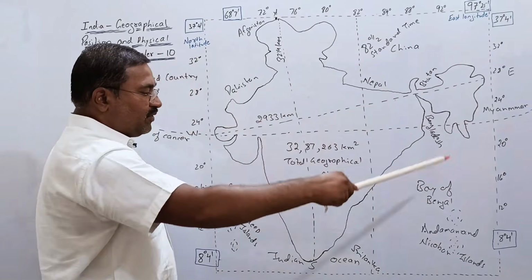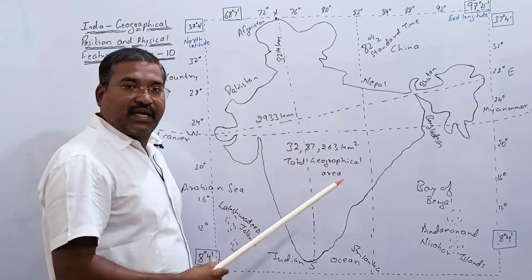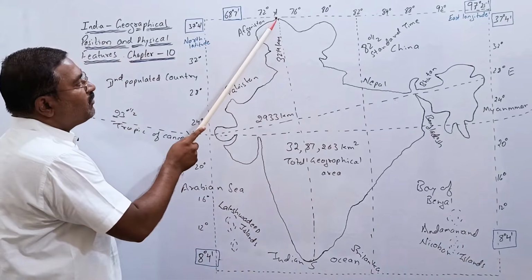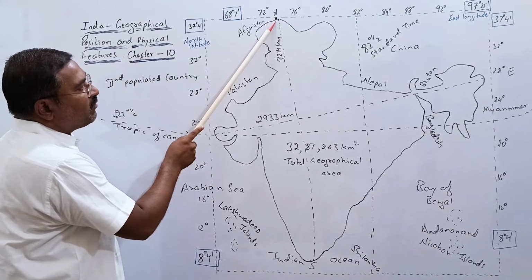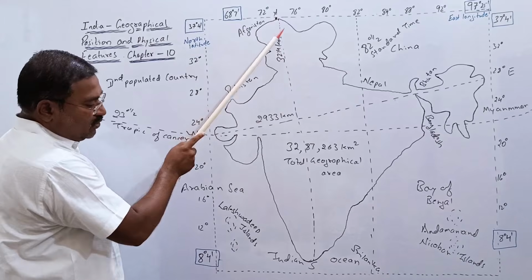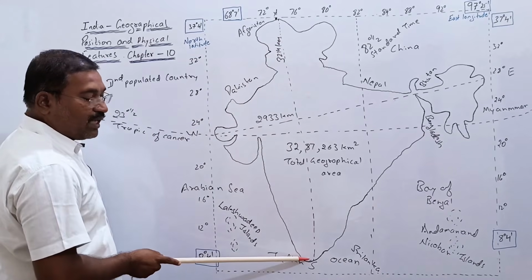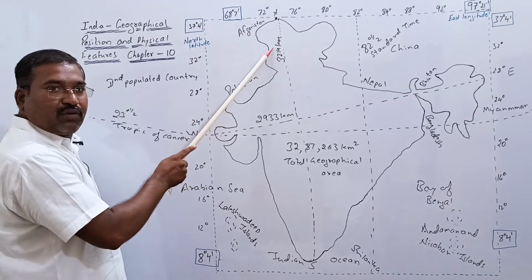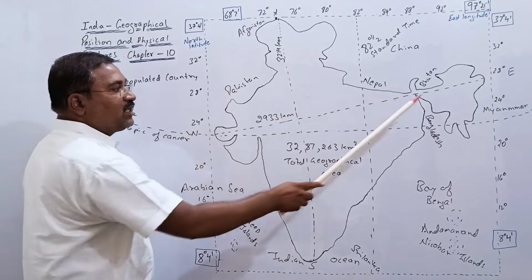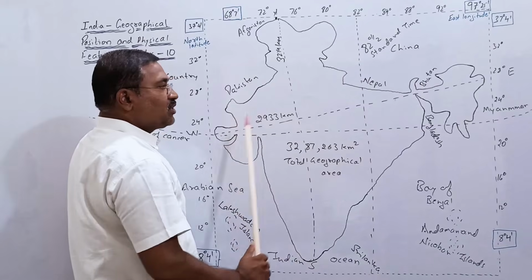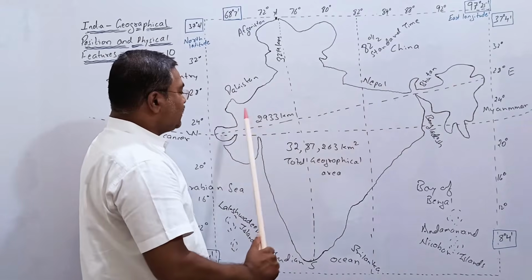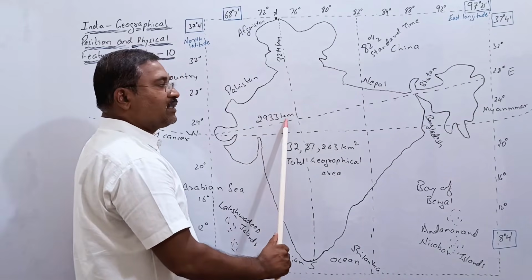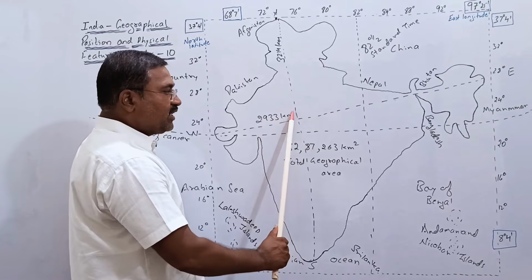In this circle, our country India is located. If we look from the northern part of India down to Kanyakumari, the length is 3,214 kilometer, whereas from the western side to the eastern side, Gujarat up to Arunachal Pradesh, it is 2,933 kilometer.